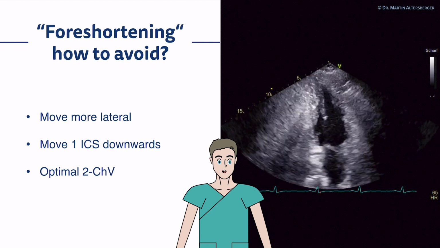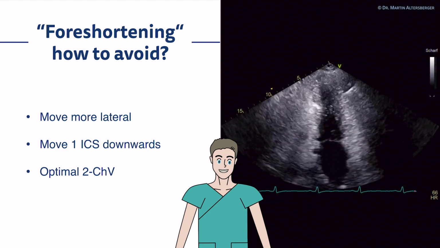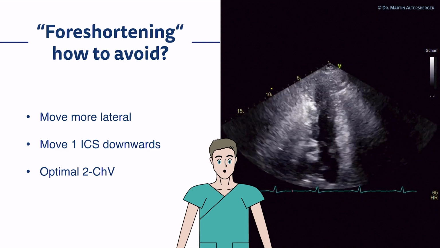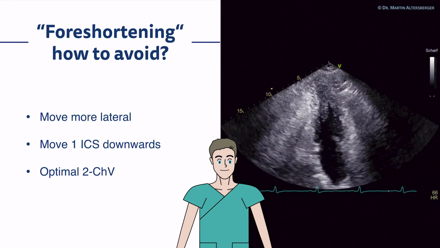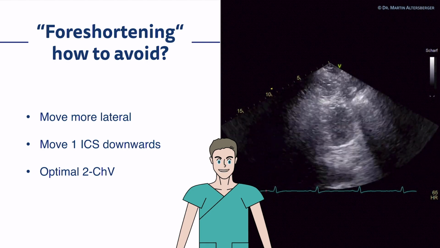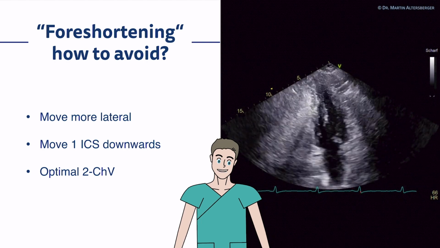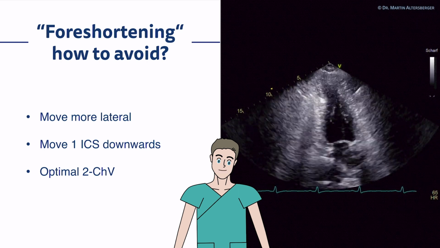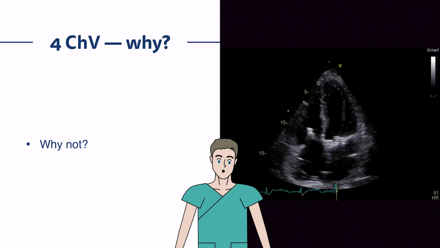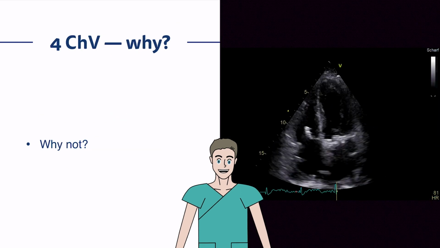You can see that in MR quite nicely when you truly depict the left ventricular apex. So keep in mind to optimize your image, the field of view, and in an optimized two-chamber view, you can avoid foreshortening.